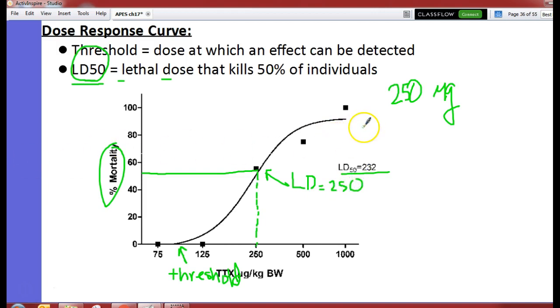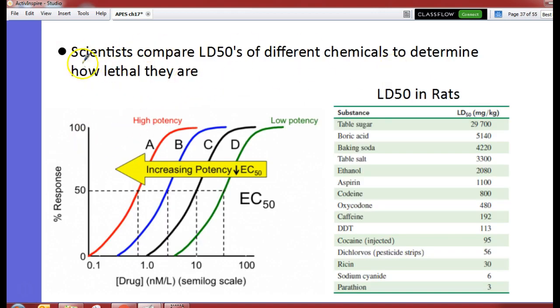All right. Last thing here. So scientists compare the LD50s, the lethal dose of different chemicals, to determine how lethal they are. Right? So, for example, if it has a lethal dose of 1 milligram, okay, where 50% of people die if you only have 1 milligram, versus if I give you 100 milligrams, which chemical is going to be more lethal?